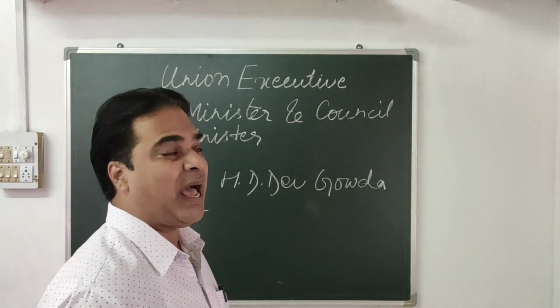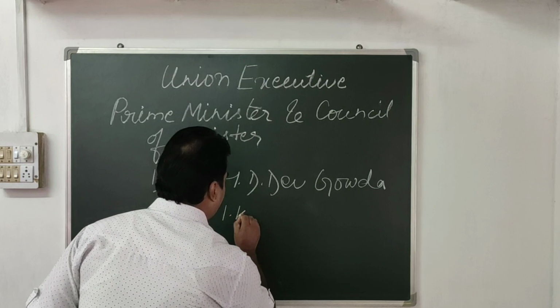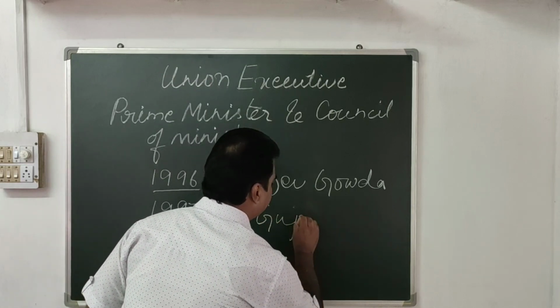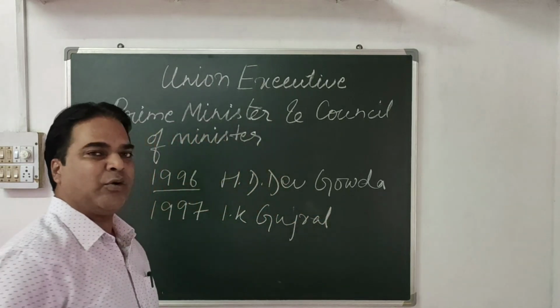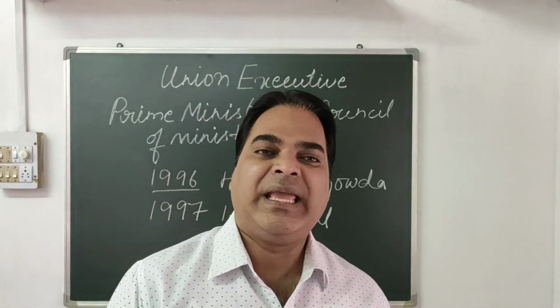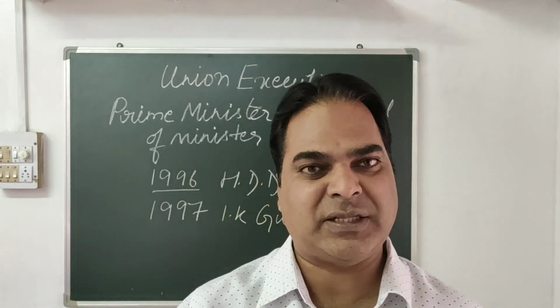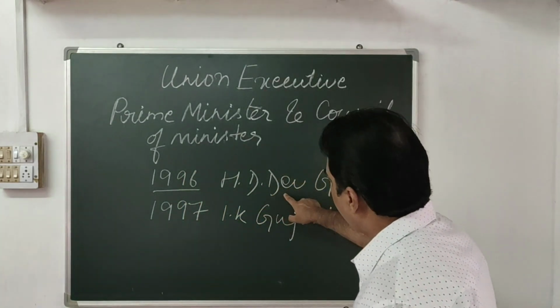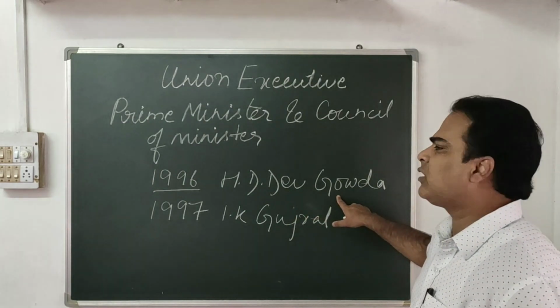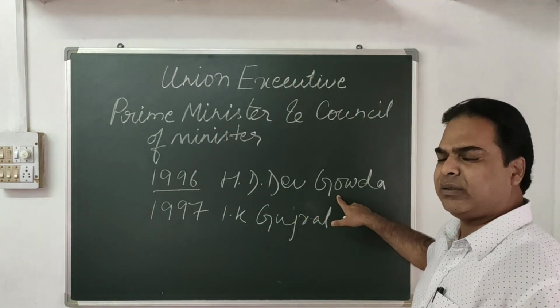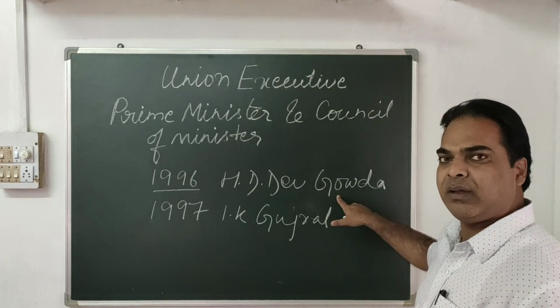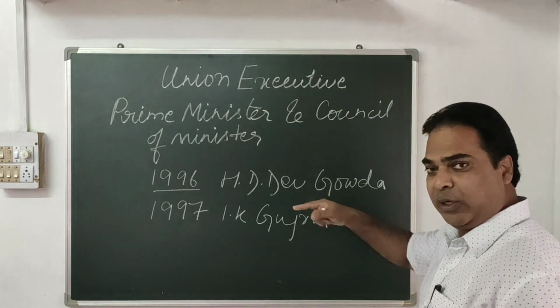Now, another example, in 1997, Indra Kumar Gujral, I.K. Gujral, he also became the Prime Minister. Yes, he was the member of Rajya Sabha. But this, Devgowda was not the member of Lok Sabha or the Rajya Sabha, but still he became the Prime Minister. I'll tell you the provision.